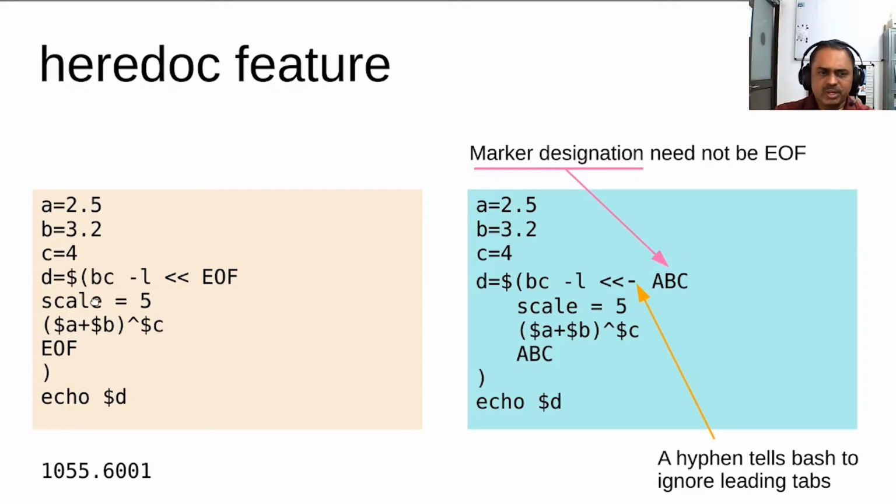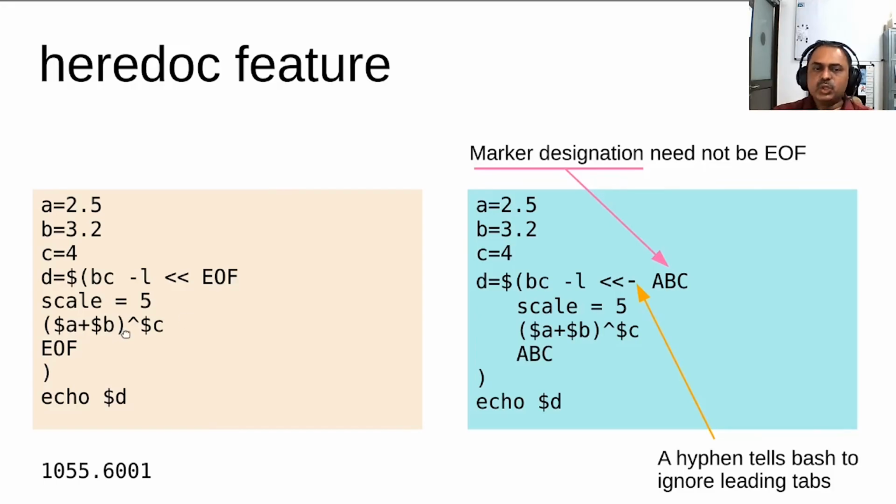Scale corresponds to the precision of calculation. And the operation that is done by BC is to take the sum of the first 2 numbers and raise it to the 3rd number. So you can see there's a floating point operation, and we are able to do that within the shell script and get a floating point answer by using this here doc feature so that our code is readable.